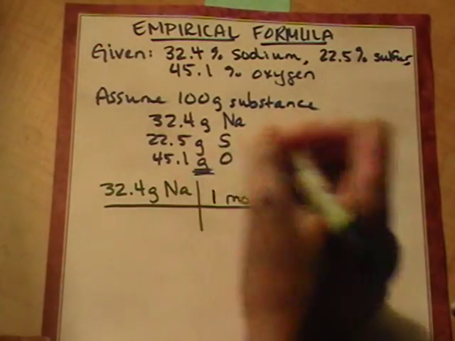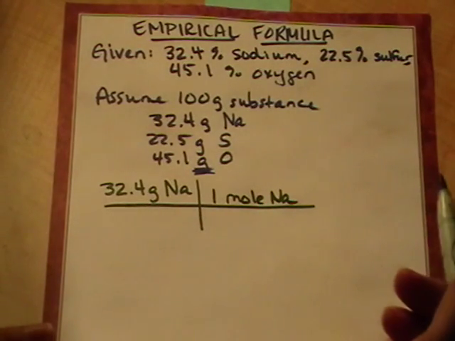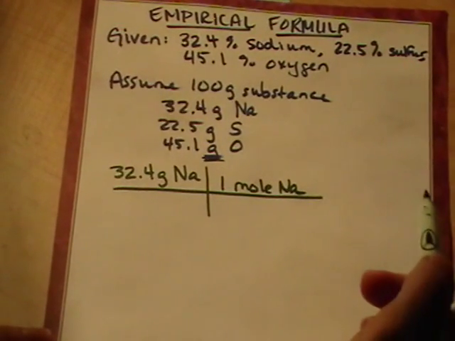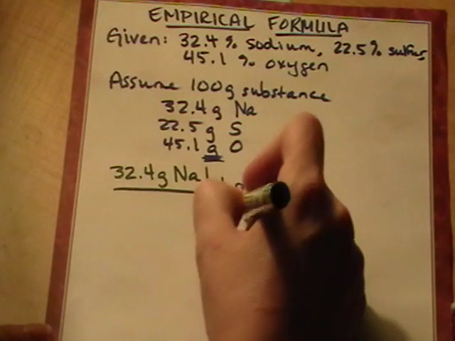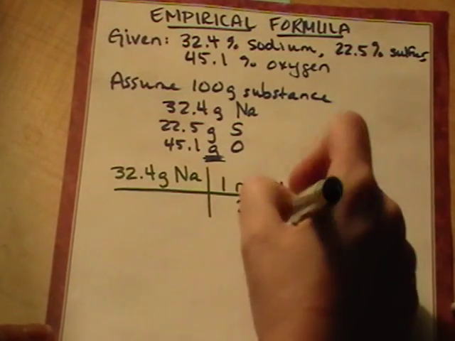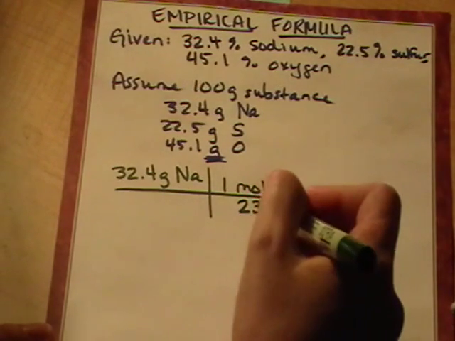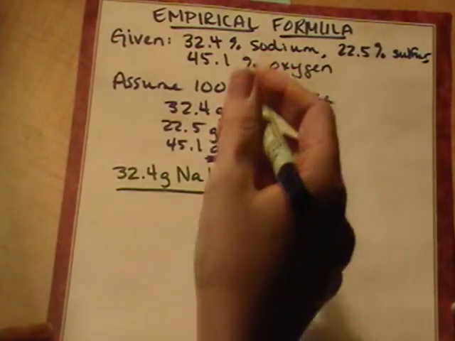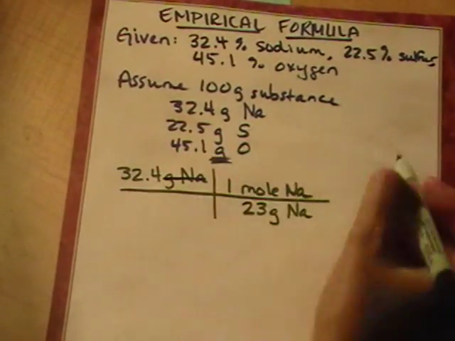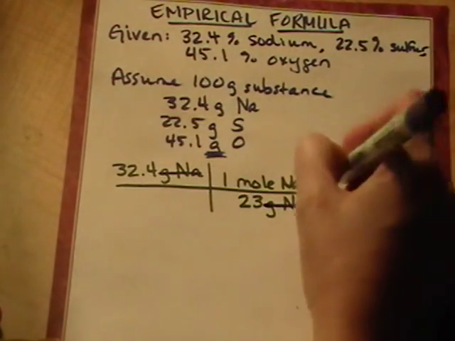Now, I know how many grams are in a mole of sodium, because I've been using it all year now. When I look at the periodic table, I see sodium, it says 23 grams, roughly. So I'm going to write 23 grams of sodium is equal to 1 mole. I can put them on top and bottom because they're equal to each other. Then I go over here and I see that I have grams of Na on top, grams of Na on bottom. That means I can cross them out. And now I just have the numbers.